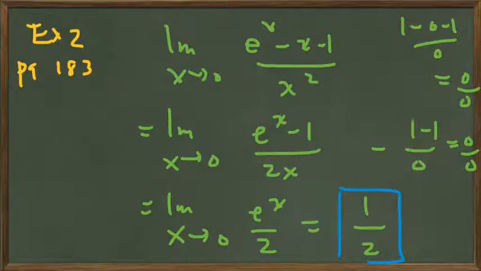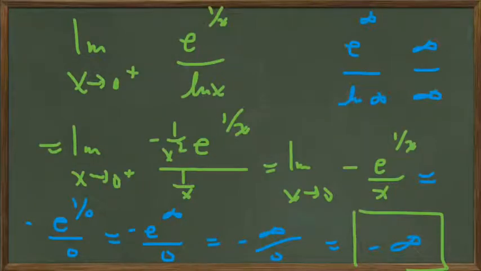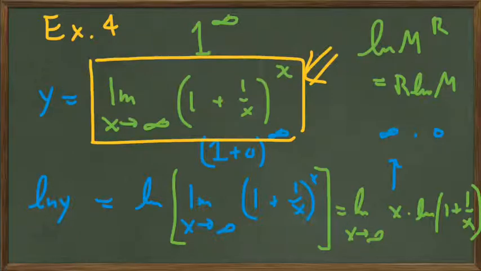Then we did one more 0 over 0 problem, this e to the x problem. We did an infinity over infinity problem, which turned out to have an answer of infinity, but wouldn't necessarily be that. It could be any number. We did a 1 to the infinity problem by taking ln on both sides.